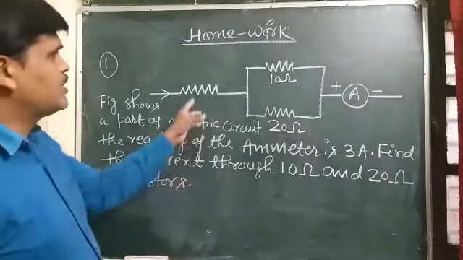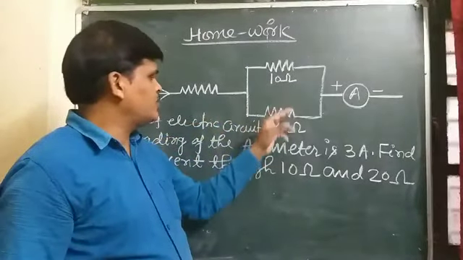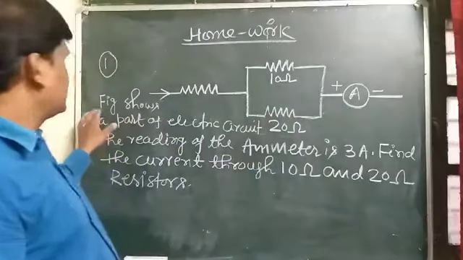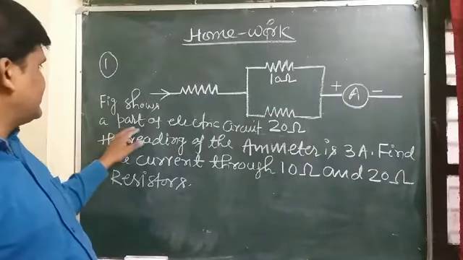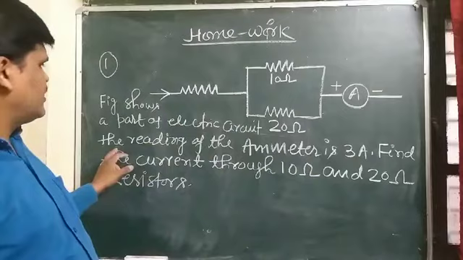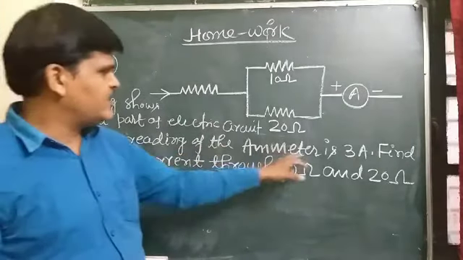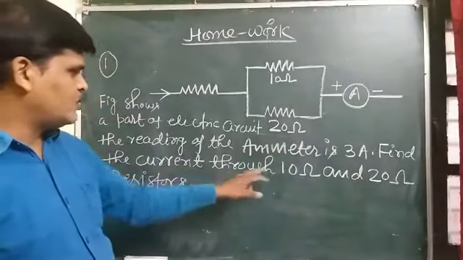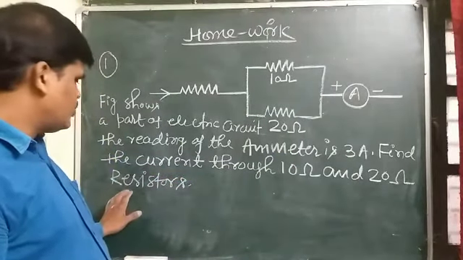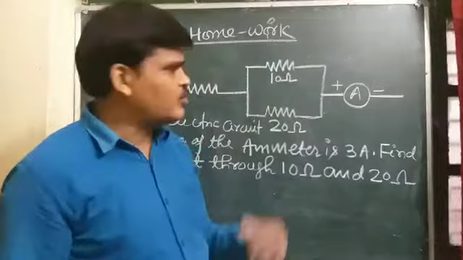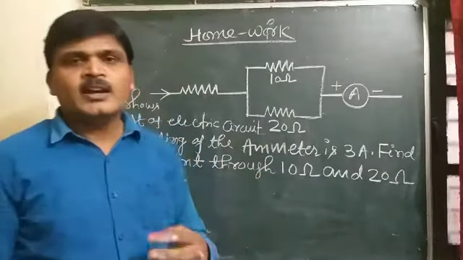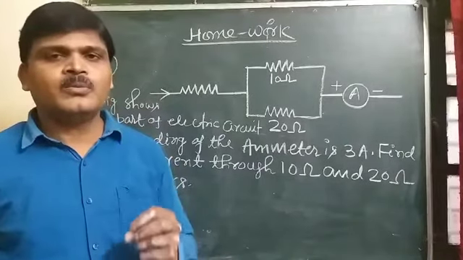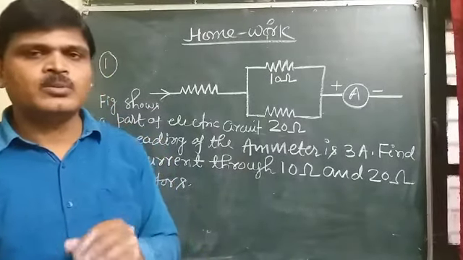So student, the circuit diagram is given with 10 ohm, 20 ohm, and an ammeter, and the question is that the figure shows a part of an electric circuit. The reading of the ammeter is 3 ampere. Find the current through the 10 ohm and 20 ohm resistors. Student, solve this question and send the solution by 5 p.m. tomorrow. Thank you.